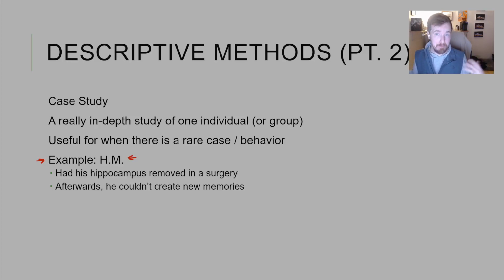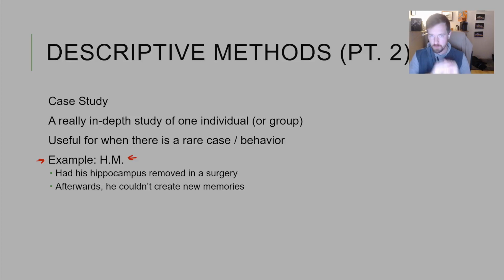There's not that many Ted Bundys that have been around, and so it can be helpful for us to spend a lot of time investigating one of these people so that we can try to understand why they became the way they did. That way we can try to stop or prevent people from becoming that.